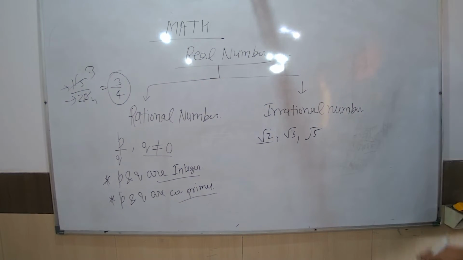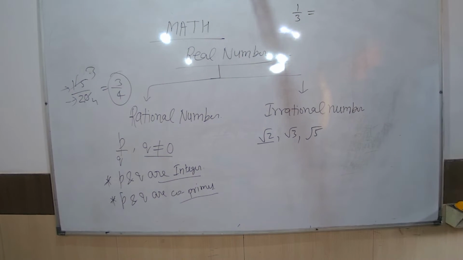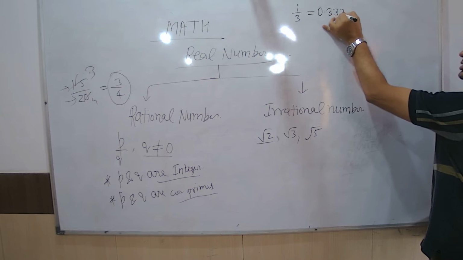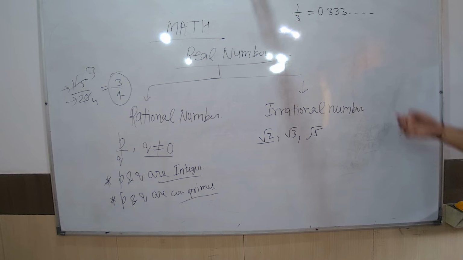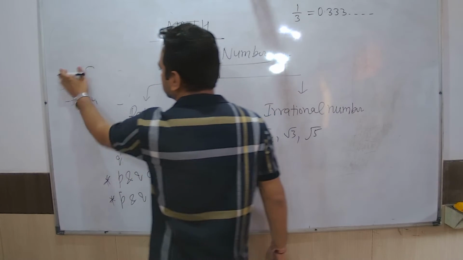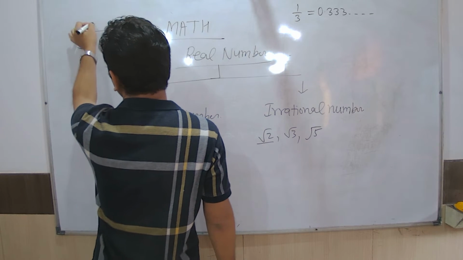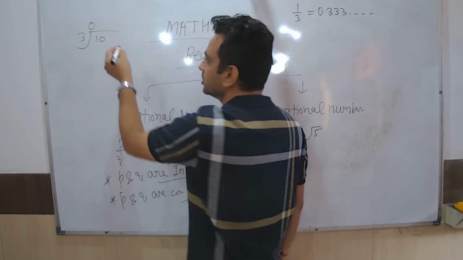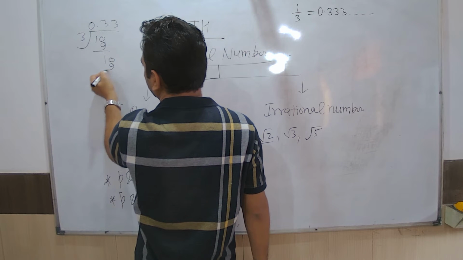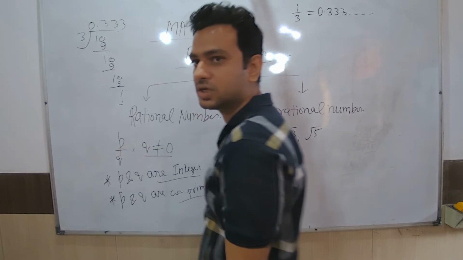Now take some examples. Let's say I am dividing 1 by 3. So what will be the value? Decimal form, 0.333. ये कभी complete division नहीं होगा, है ना? पॉइंट लगा के 0, ठीक है। 3 times 9, 1 again, 0, 3 times 9, again 1, again 1, ठीक है। It will not terminate.